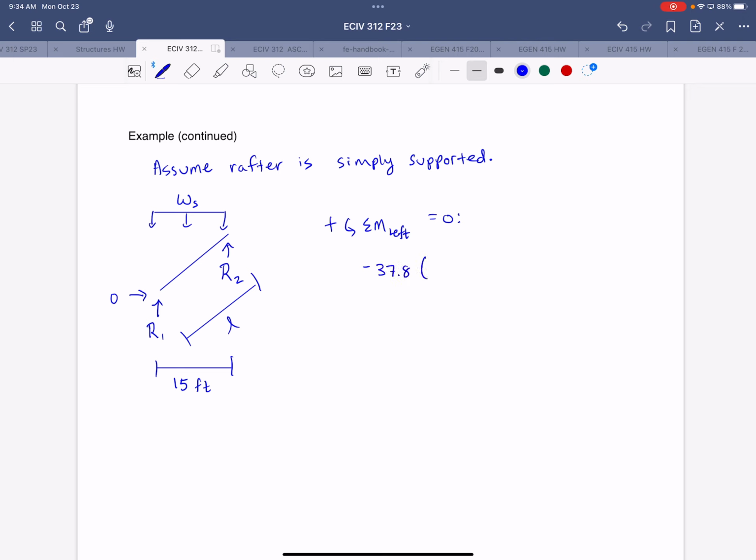If we were to sum moments, it would be like this. So we'd get a reaction of 283.5 pounds. And summing forces in Y then would also give the other reaction of the same magnitude.